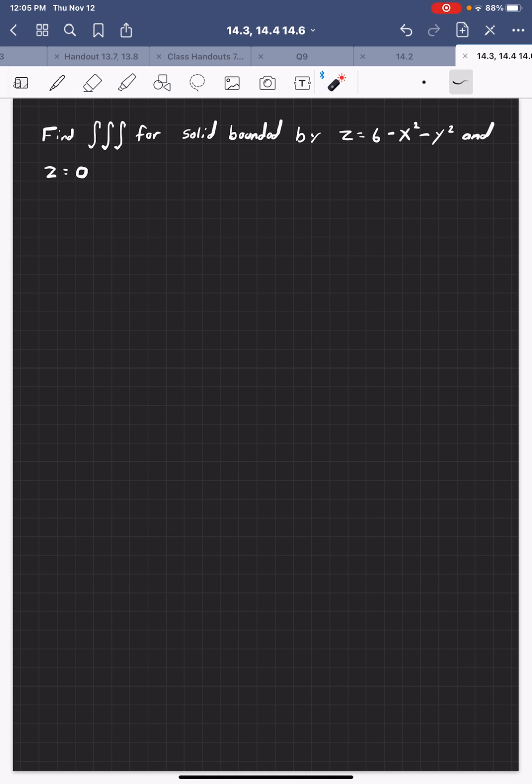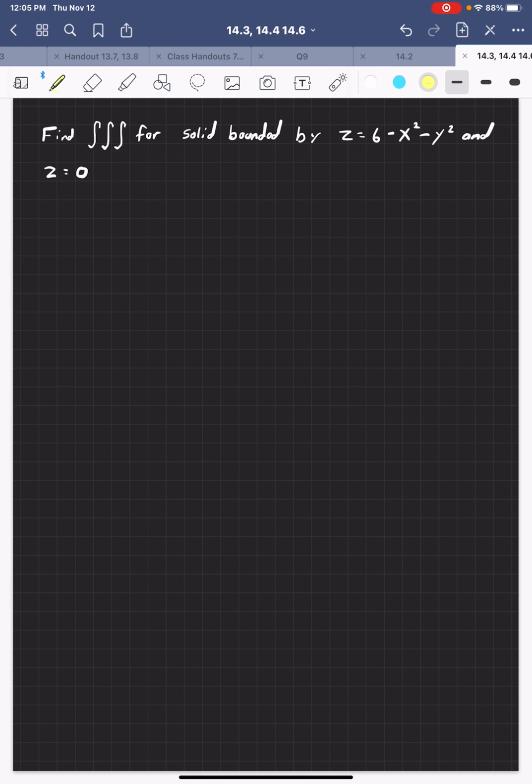So for this particular one, we want to set up a triple integral for some solid, and what we know about the solid is it's bounded by z equals 6 minus x squared minus y squared, and it's also bounded by z is equal to 0.